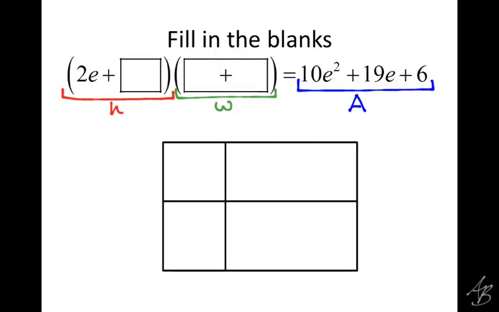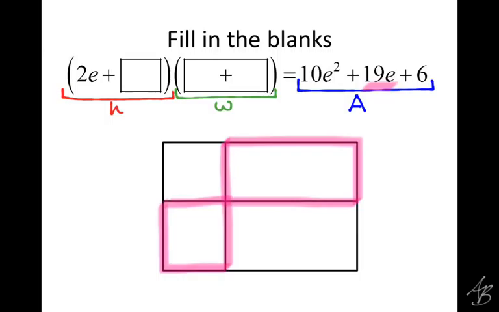The ones that usually combine are going to be this one here, bottom left, with the top right one. All right, so I'm just going to highlight those so we remember. Those 2 are going to combine to give us which one of these terms? The 10e squared, the 19e, or the 6? Yeah, those are going to combine to give us that 19e.